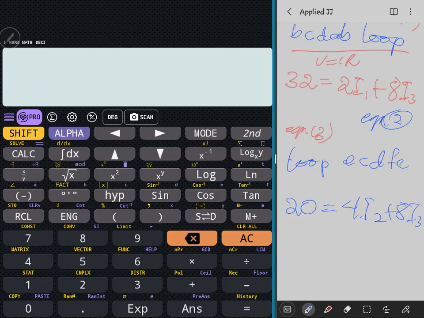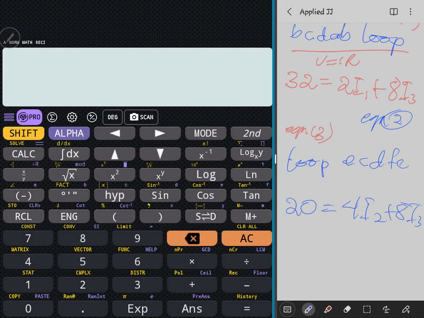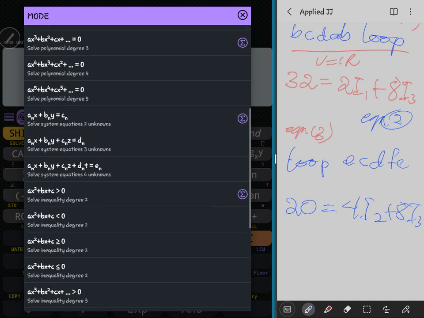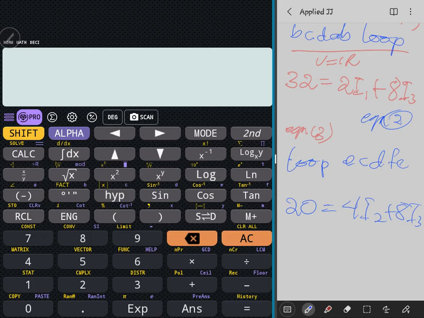So let's see. Okay, equation. The calculator is getting complex for me.